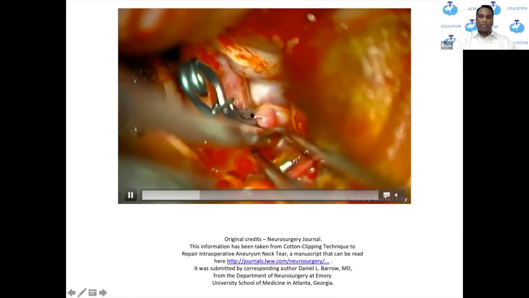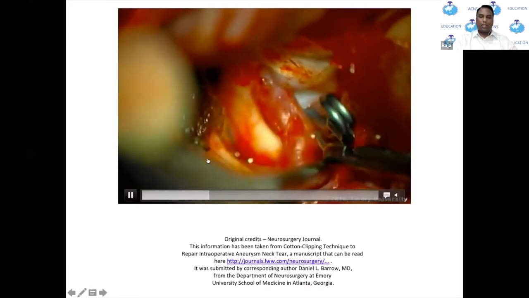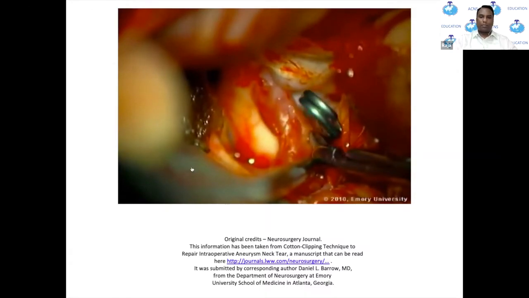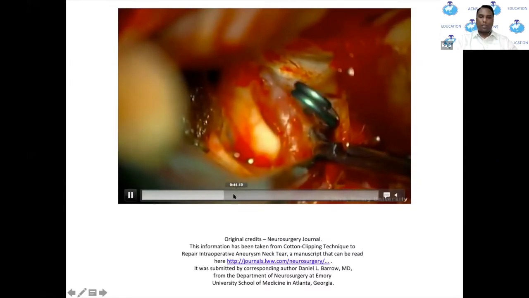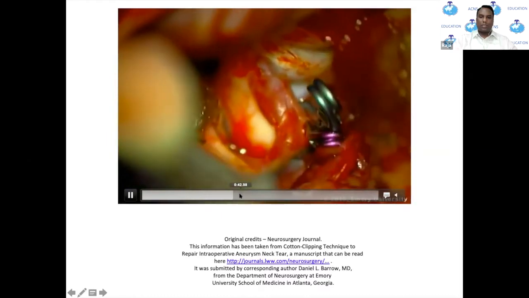This bleb starts to bleed, and they reinsert a second clip there, but that has probably worsened the situation.